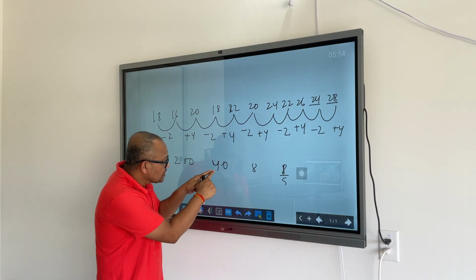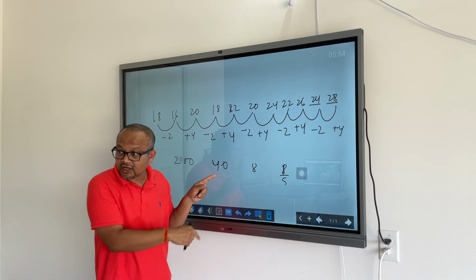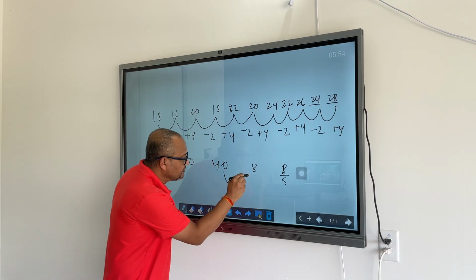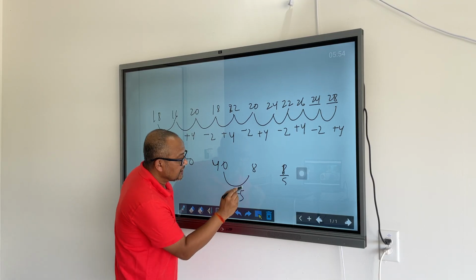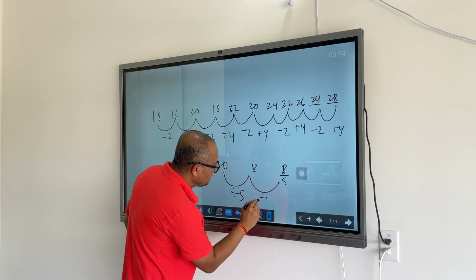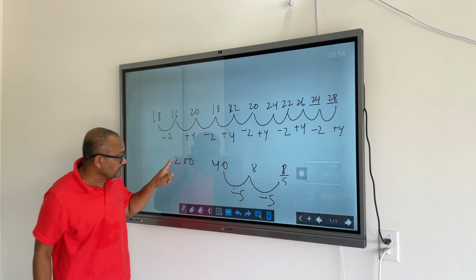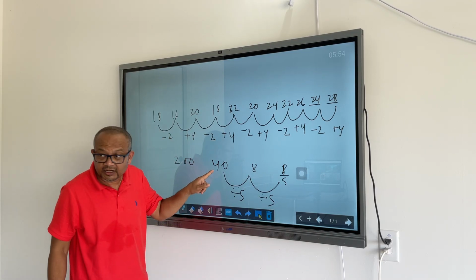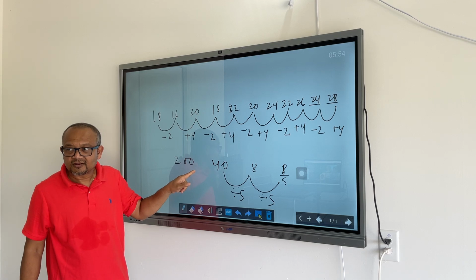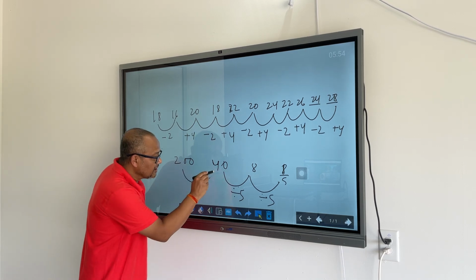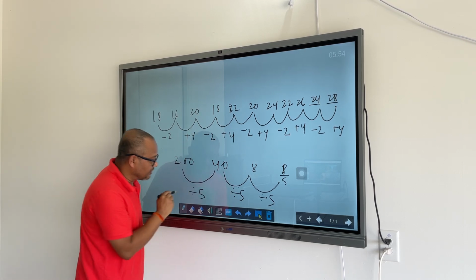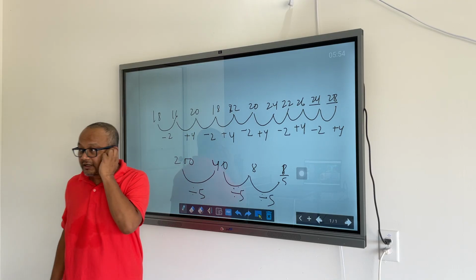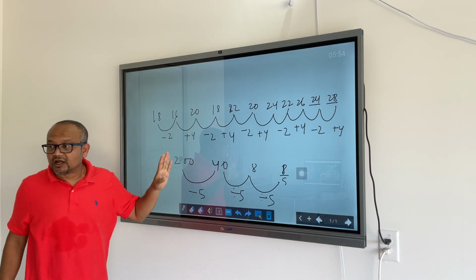Now, if I divide 40 by 5, do I get 8? Oh yeah. So this is divided by 5. This is also divided by 5. Let's see, if I divide 200 by 5, do I get 40? We do. So now you are seeing that there is a clear-cut pattern. So this is a very boring task.